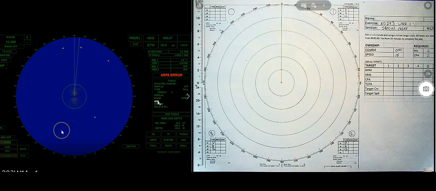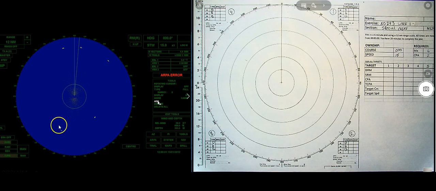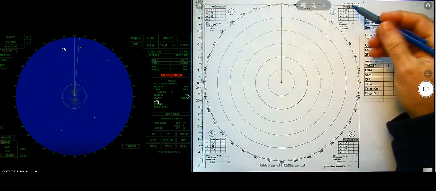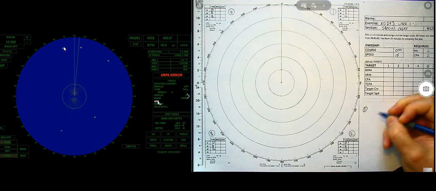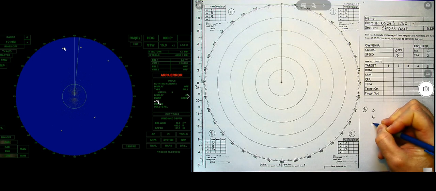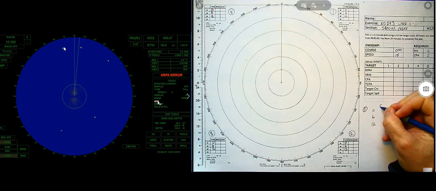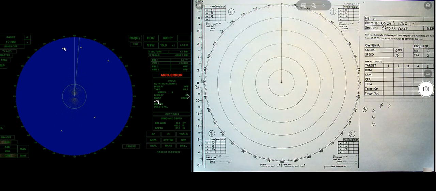This will be target 4, up here, 0, 6, and 12. This will be target 5. I don't have a convenient little box for that, so I'll put it here and go 0, 6, 12, with bearing and distance, and I'll collect my data there.